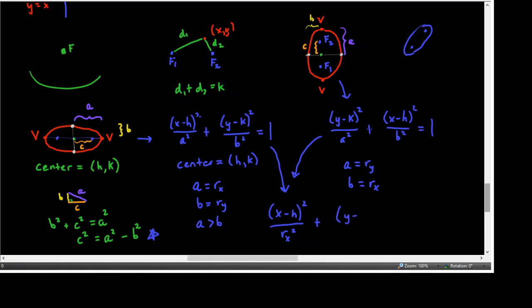Plus y minus k squared over the y radius squared equals 1. Okay? So that's the equation I would like for you to use. I think it's more useful than memorizing 2. You'll also need to memorize the one that we put a star next to over here. So those are the two things you'll need to have in your head about the ellipse. I've run out of room on this slide, so I'm going to move to the next recording.